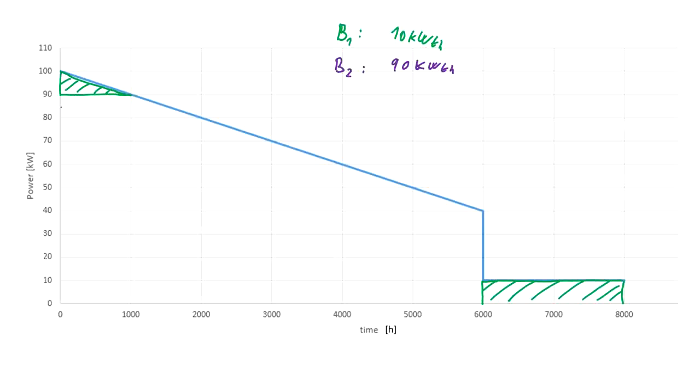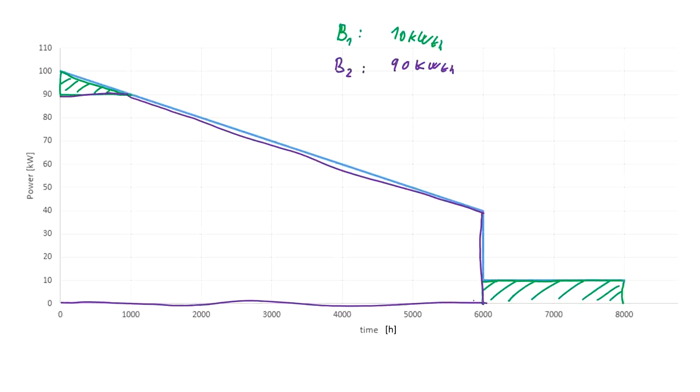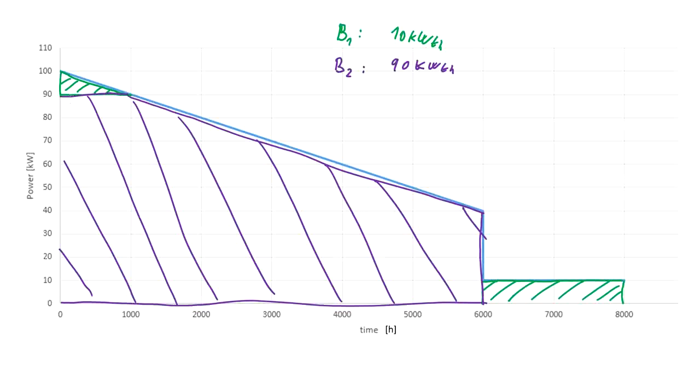And the 90 kilowatt boiler would be running in this period. Where again it's running here at 100% of the load, but not for just the shortest period, but for 1000 hours.